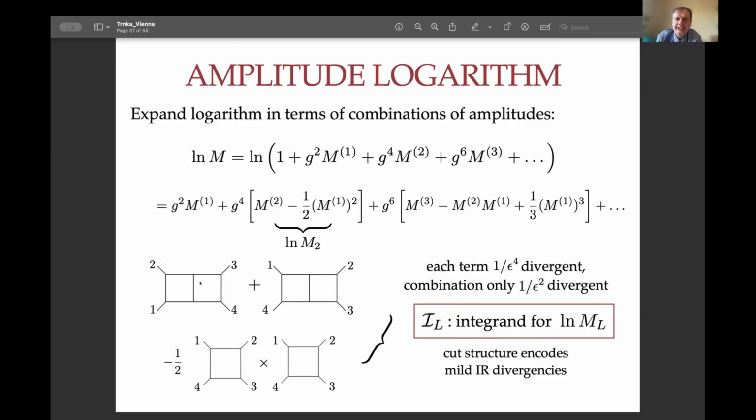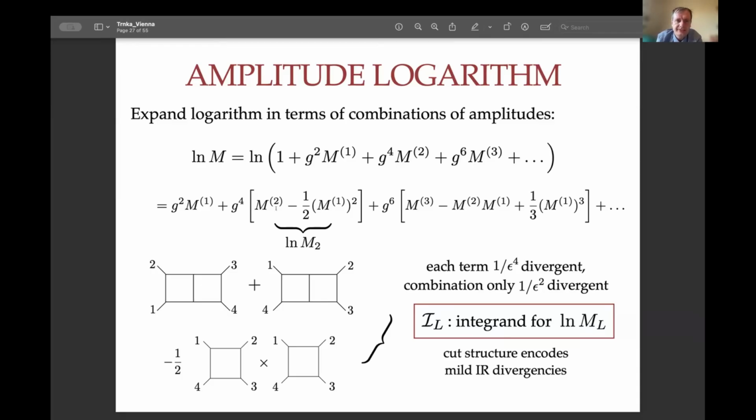So we defined here an integrand as a combination of integrands for the amplitudes. Here we are critically using the fact that we are in a planar theory. So we have a planar integrand, and it makes sense to combine these objects together. They are just rational functions of the loop lines in momentum twistor space. And these are global variables.